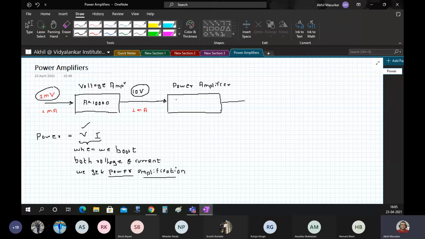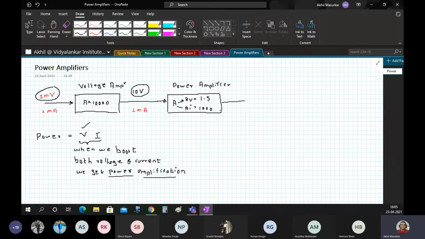A power amplifier also amplifies the voltage some number of times, but it amplifies current more as compared to voltage. So for example, if the voltage gain AV is 1.5, then the current gain AI would be something like 1000.